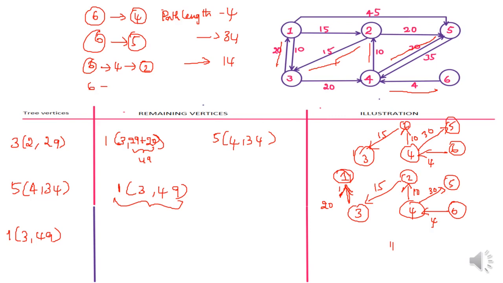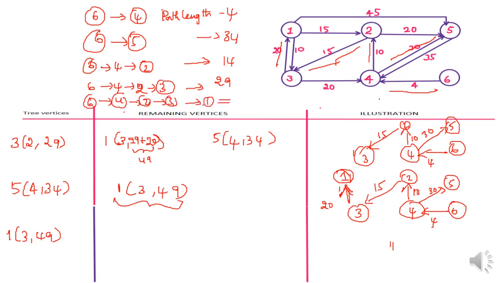Then 6 to 4, 4 to 2, 2 to 3, the shortest distance is 29. Finally to 1: 6 to 4, 4 to 2, 2 to 3, and 3 to 1.